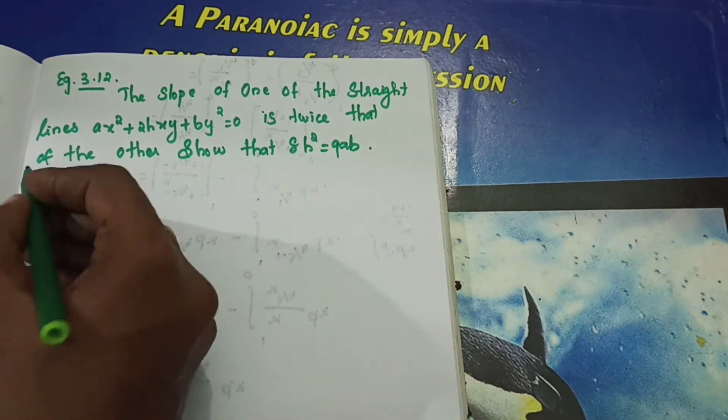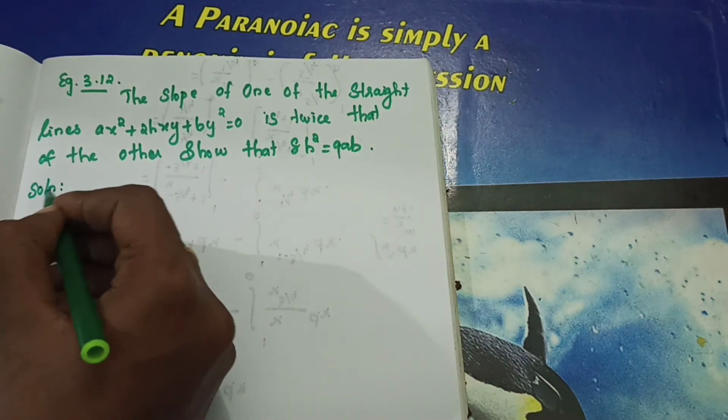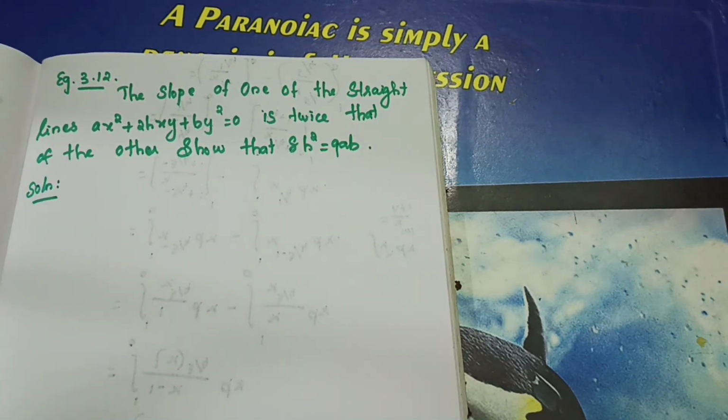Okay. So from this, first you are going to find out the sum of the slopes and product of the slopes. Understand? So already I taught you sum of the slopes and product of the slopes formula. So sum of the slopes, what's the formula? Minus 2h by b.